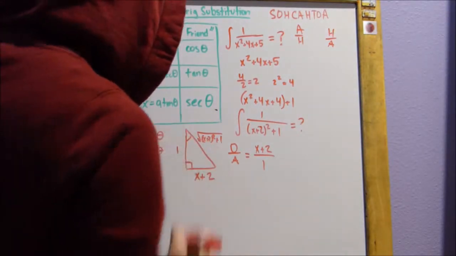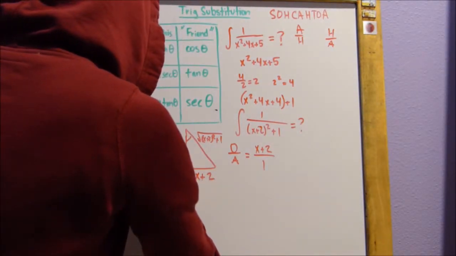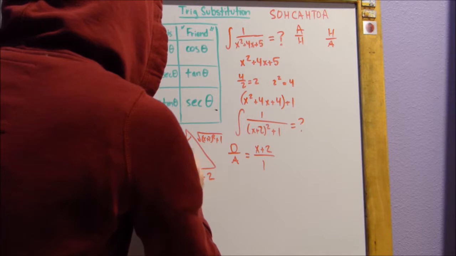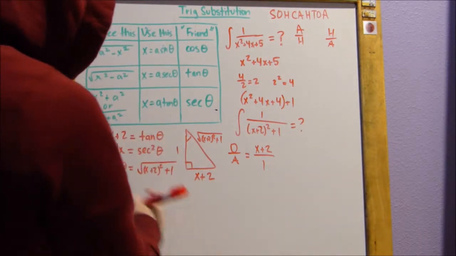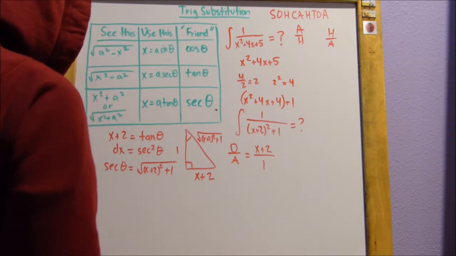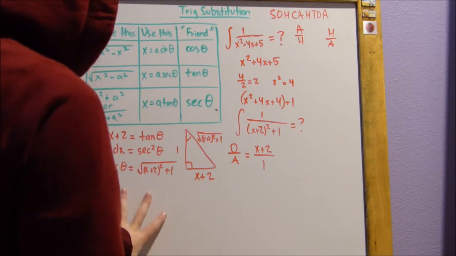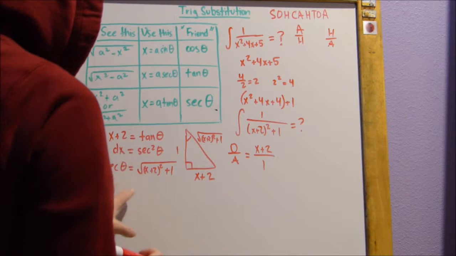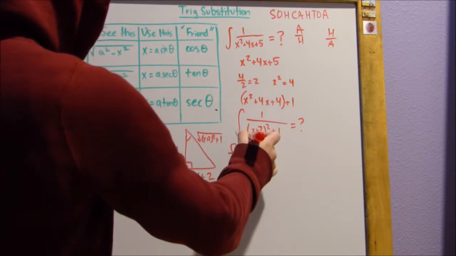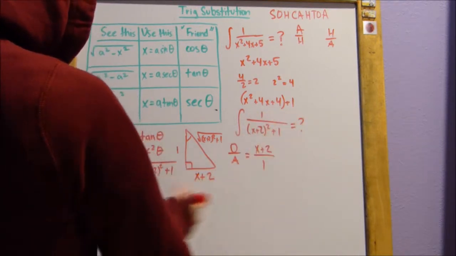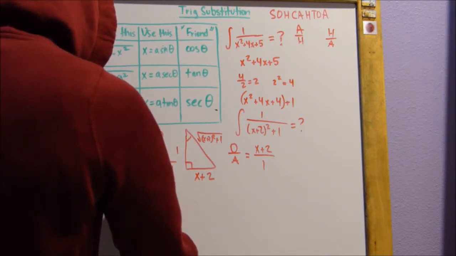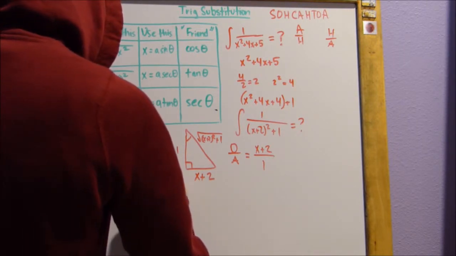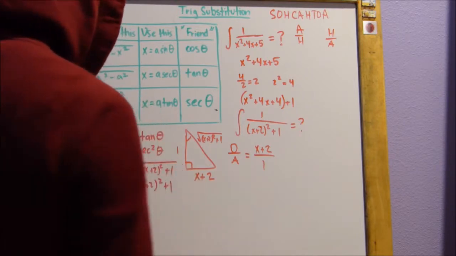So the hypotenuse, square root of x plus 2 squared plus 1, over the adjacent one, that's 1, so we don't even need to write it. And so here, we're going to want to square both sides, right? Because on the bottom, we have x plus 2 squared plus 1. We don't have the square root of that stuff. So, secant squared theta equals x plus 2 squared plus 1.